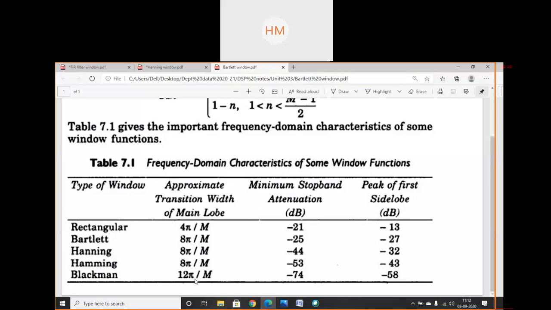Okay, minimum stop band attenuation in decibels: minus 21, minus 25, minus 44, minus 53 and minus 74. Stop band attenuation. Clear? Then we have the peak of first side lobes. All these values are in decibels. We have to use logarithmic graph paper to plot this frequency response, in which one of the scales is in decibels.